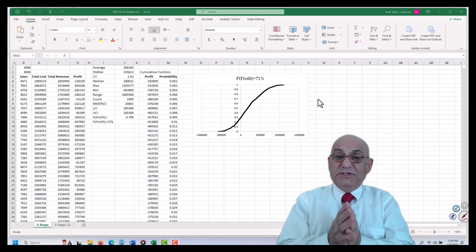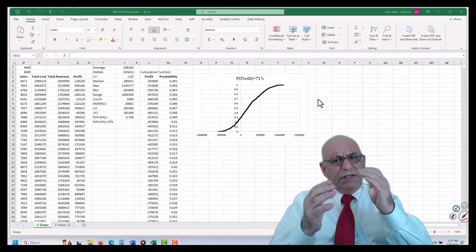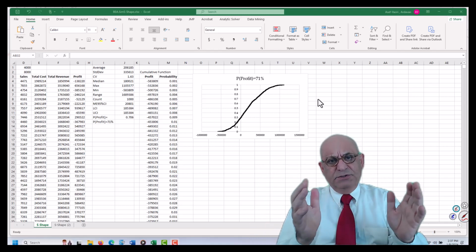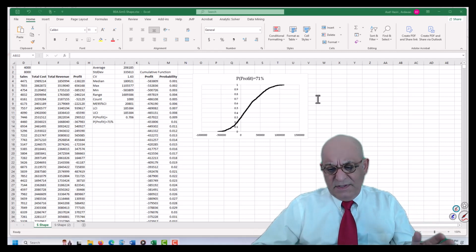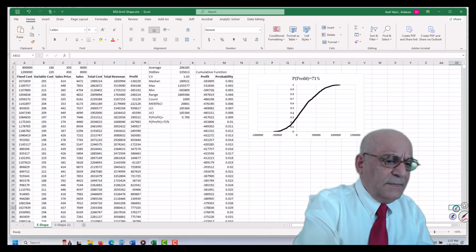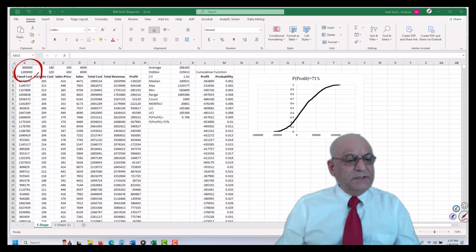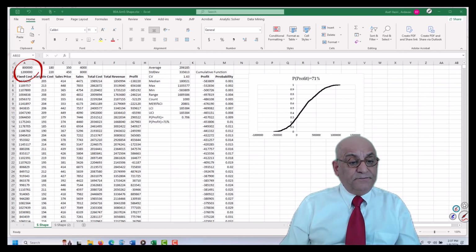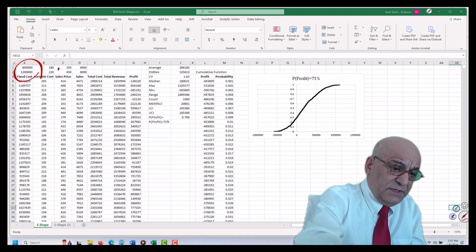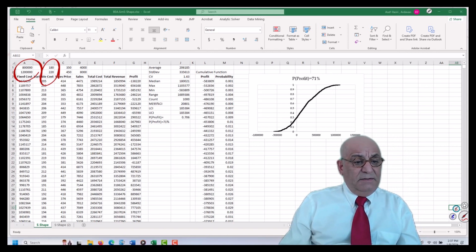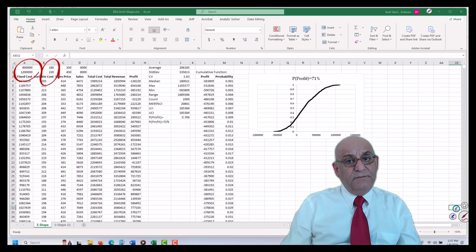Here in simulation, we assume each of these has a range. For example, fixed cost has a range of 800,000 to 1,200,000. Variable cost per unit of product can range from 180 to 220.